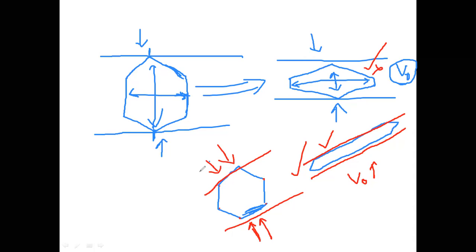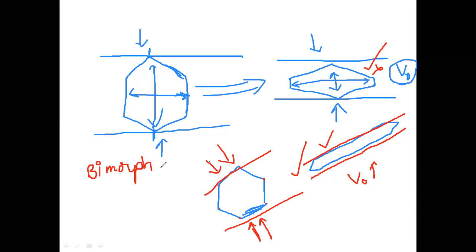Like in thermocouples, if I combine two thermocouples, they form thermopiles. Likewise, if I combine two crystals, then it will form a bimorph. Bimorph means if I combine two crystals.